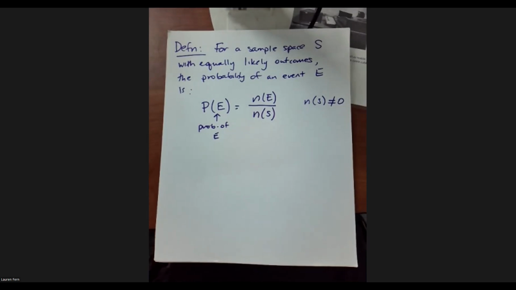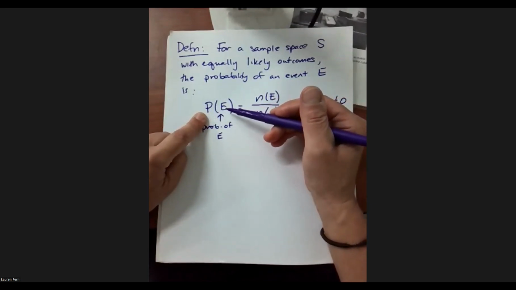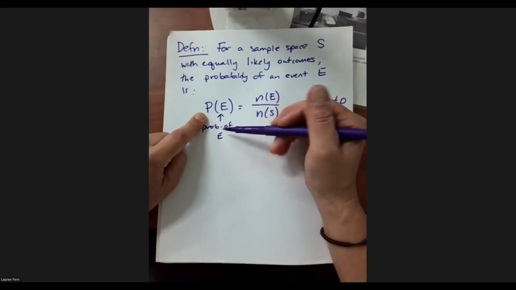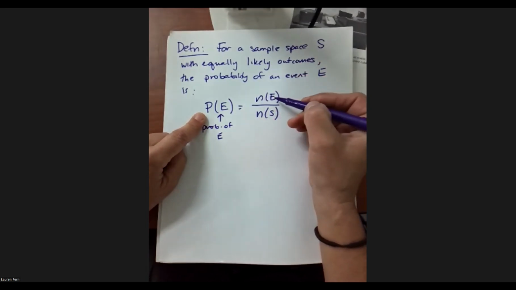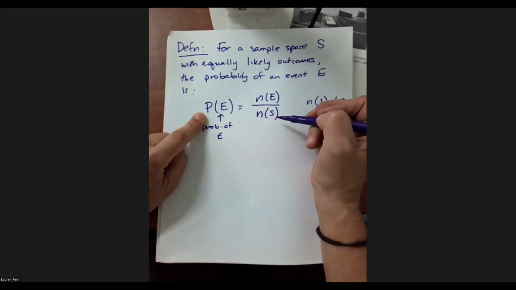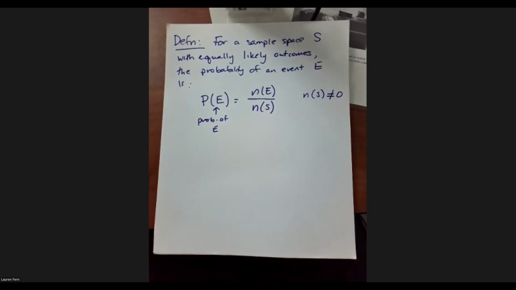Now, I know this is a lot of notation, but this is notation that we've used. Again, this is a way of saying that it's the probability of this event. You're going to see this everywhere from here on out. And it's the number of elements in the event divided by the number of elements in the sample space. Okay. My hope is that you know that I'm going to go through a ton of examples, right?